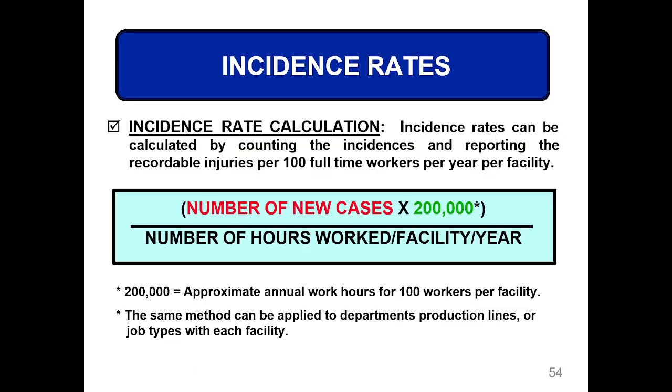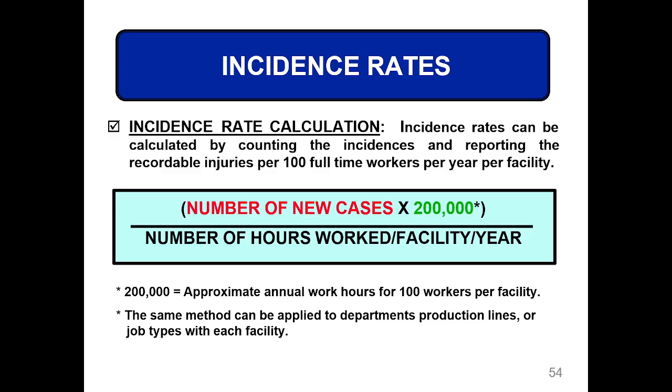Then this is for those who are going to do BCSP. If you're going to do an exam given by BCSP, you need to know this formula. So how do you calculate the incidence rate? Incidence rates can be calculated by counting the incidences and reporting the recordable injuries per 100 full-time workers per year per facility.